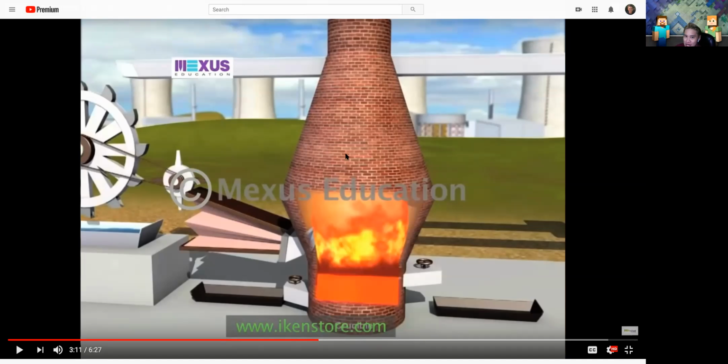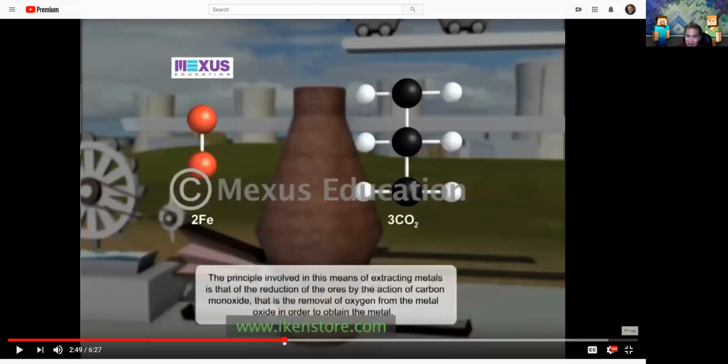What they put here inside the blast furnace is your ferric oxide, the metal ore. Here they burn the coke in order to form your carbon monoxide, because they need the carbon monoxide for this reaction.